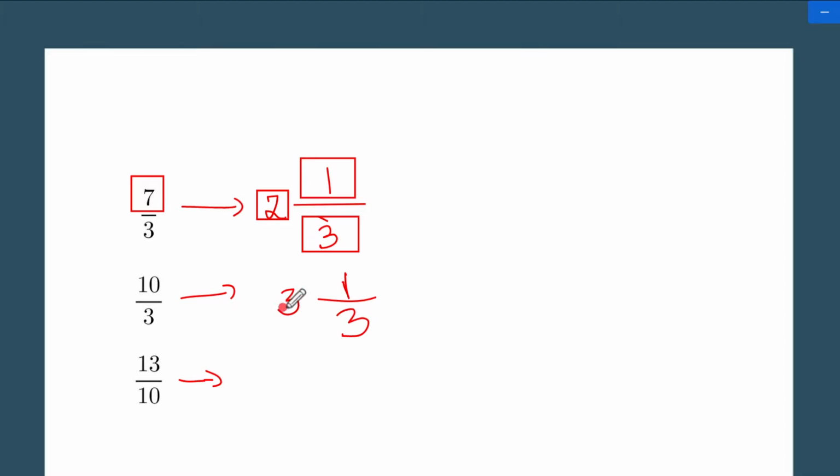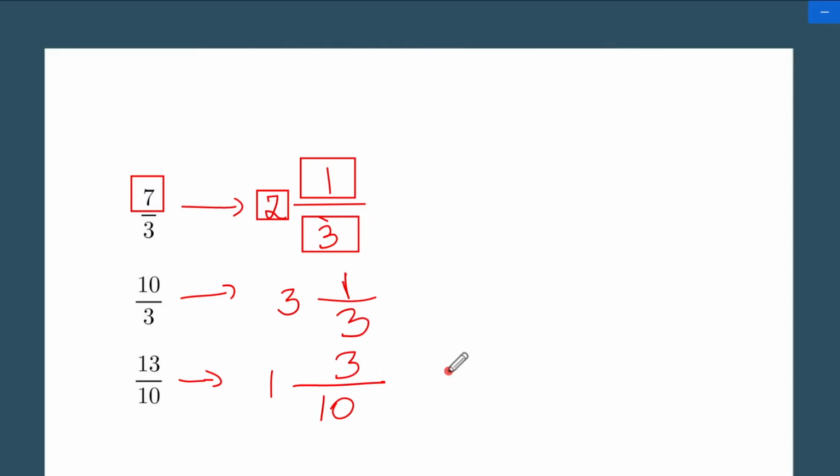And next one. This pizza has 10 slices. How many whole pizzas do you have here? If you have 13 slices, you're going to have 1 whole pizza divided into 10 slices. And if you have 1 pizza here, how many extra slices do you have? Well, 1 times 10 is 10, so we take away the 10 slices and we are left with 3.